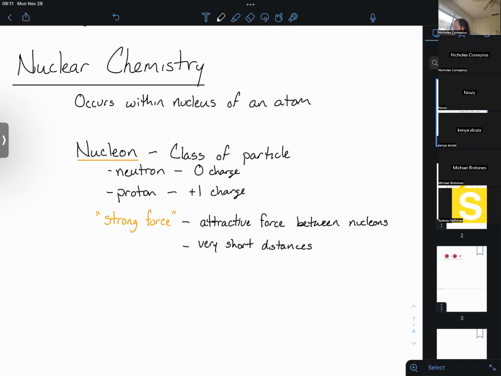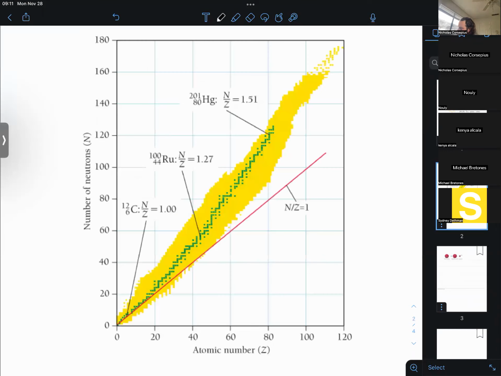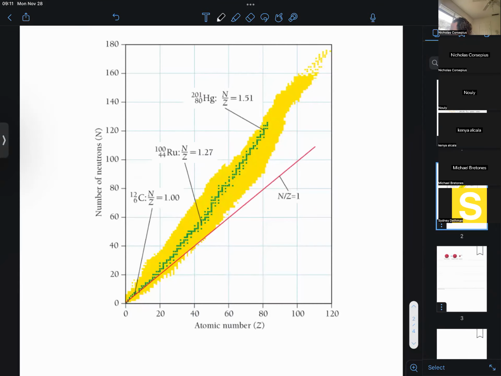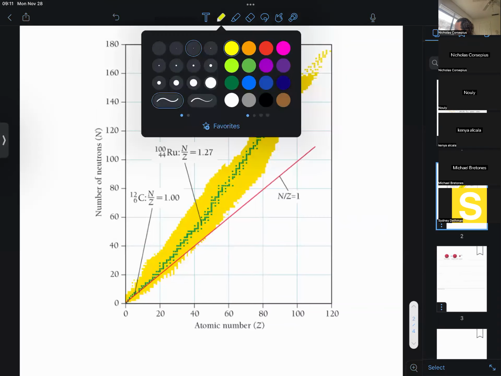Okay, so it turns out that not all combinations of protons and neutrons are necessarily favorable. If we look at this chart here, what we see in yellow, let me do this actually.